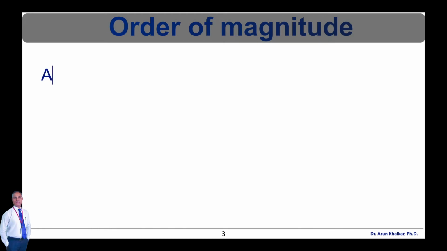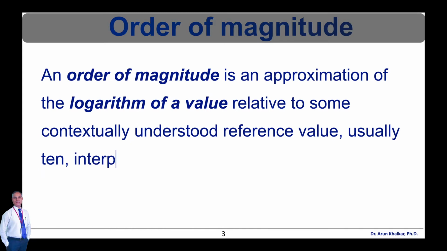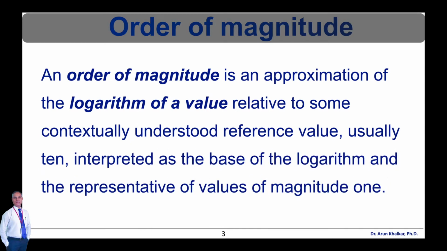An order of magnitude is an approximation of the logarithm of a value related to some contextually understood reference value, usually 10, interpreted as the base of the logarithm and the representative of values of magnitude 1. Logarithmic distributions are common in nature, and considering the order of magnitude of values sampled from such a distribution can be more intuitive.